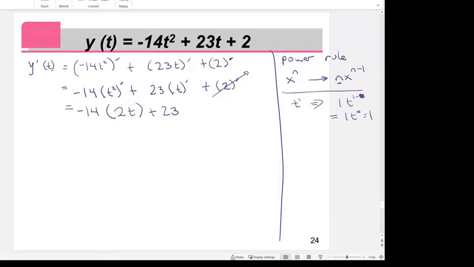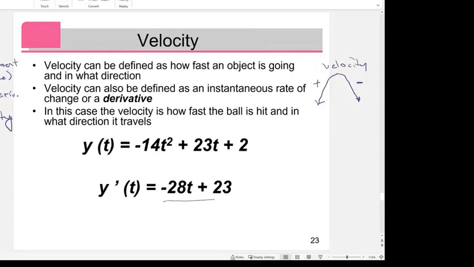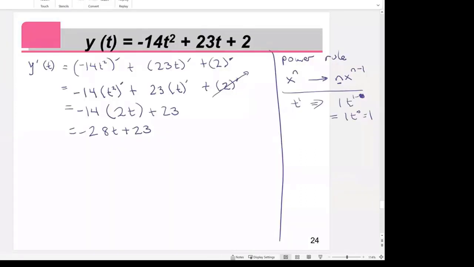Now my final answer here is going to be negative 28t plus 23. Let's see if we got it. Negative 28t plus 23. That's the first derivative. The first derivative is my velocity.